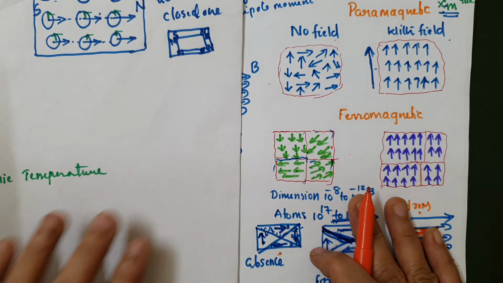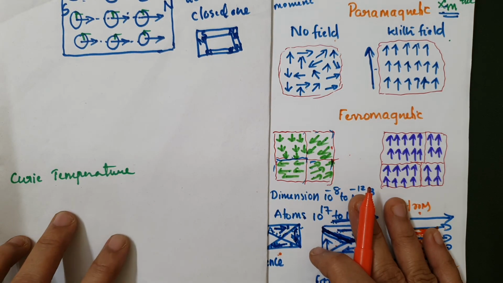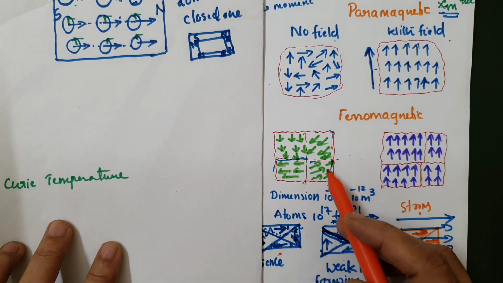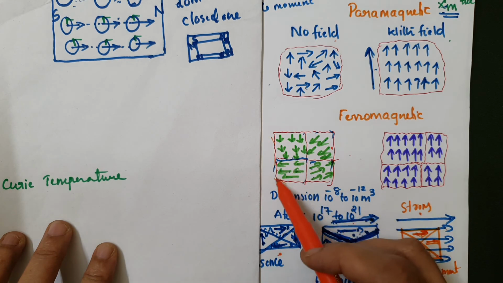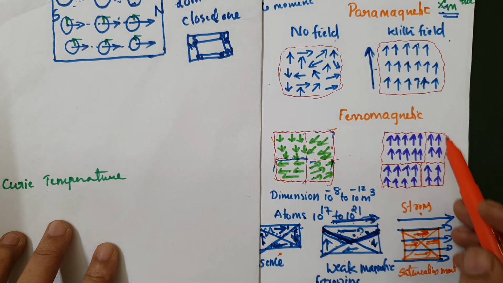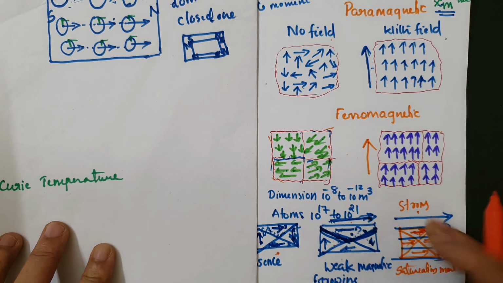And here one important term is called Curie temperature. Curie temperature means, if I increase the temperature of a ferromagnetic material, then these domains, which are oriented in a particular direction, get disturbed. If I apply a magnetic field in this direction, all the domains will be aligned in this direction.